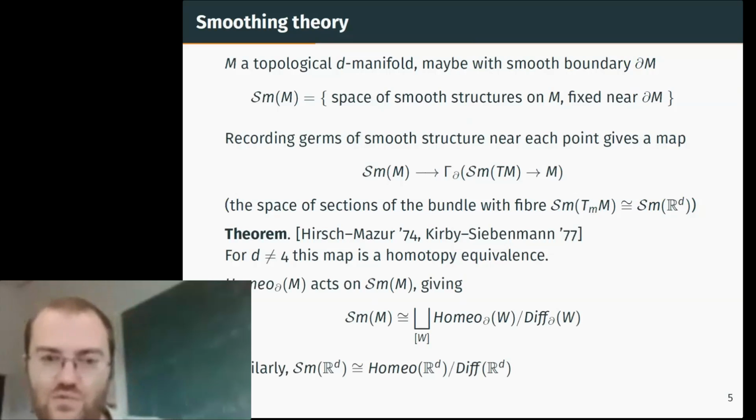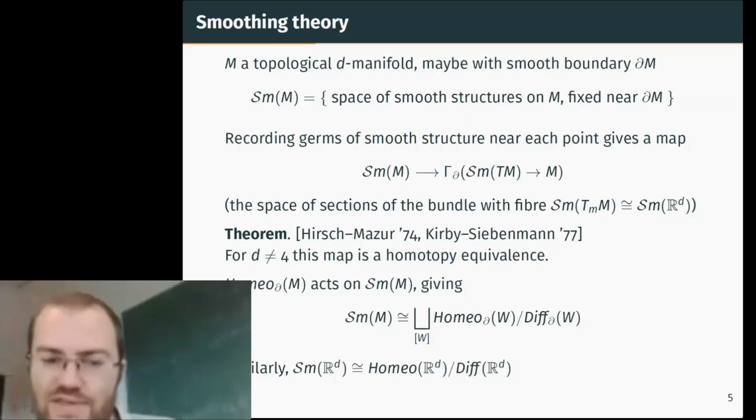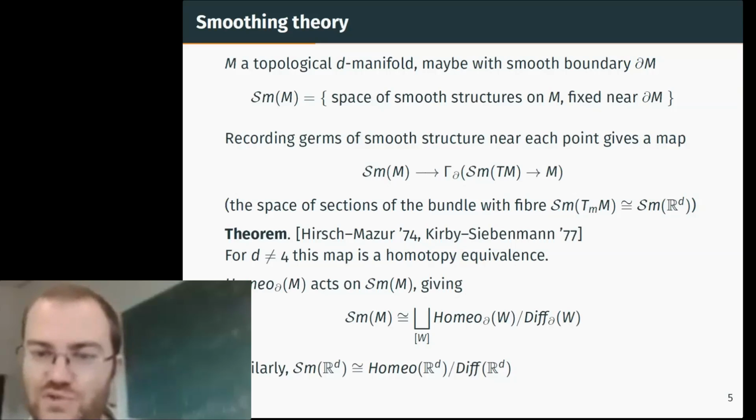Let me say what one can say a priori. I could have done this before the smoothing theorem about the space of smooth structures. Well, the space of homeomorphisms acts on the space of smooth structures. The orbits for that action are essentially, by definition, the diffeomorphism types of smooth structure on M, right?